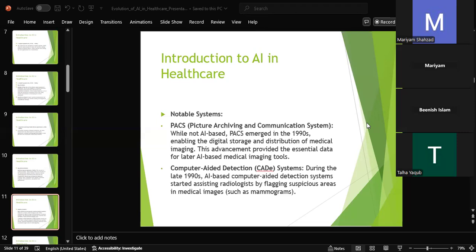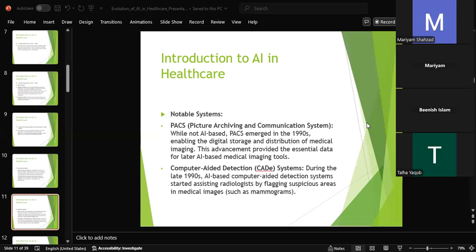Then it also depended on the quality of data. For instance, if the images were blurred, had errors, or did not have proper pixels, it was a data quality error. It depended on the data quality.